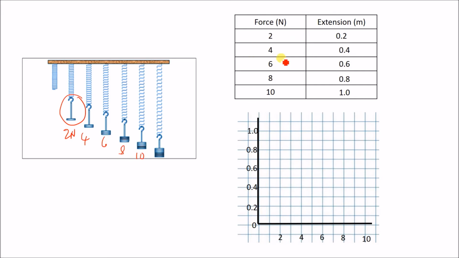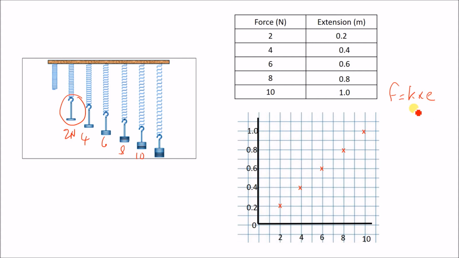And you can see I've plotted a table here to describe that. As you increase the force, you can see that the extension is increasing, and that's a relationship that we can draw on a graph as a directly proportional relationship. What does that mean? Well, if you remember that force is equal to the spring constant k times the extension.